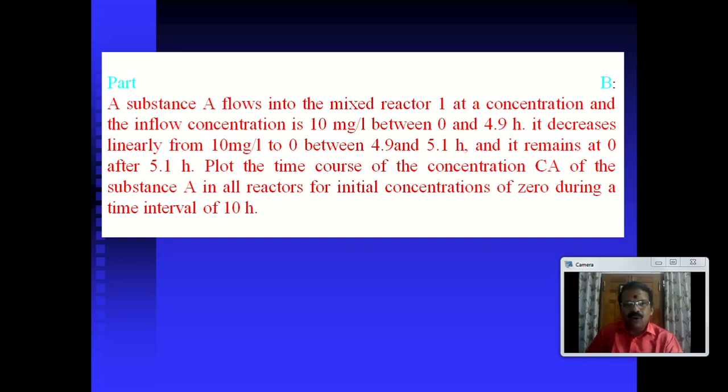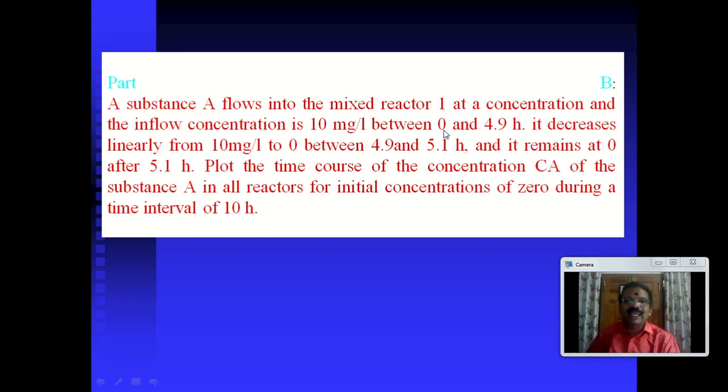And we are allowing the substrate A to enter tank 1 through a pumping system. A motor will be there. Through the pipe system, the water is continuously flowing into the tank.